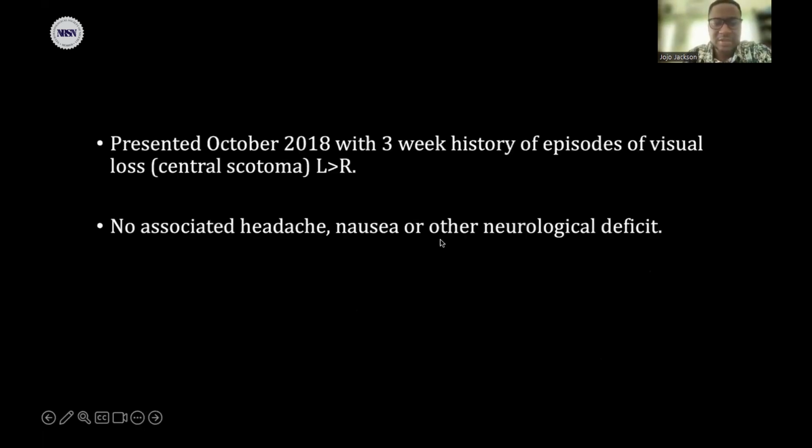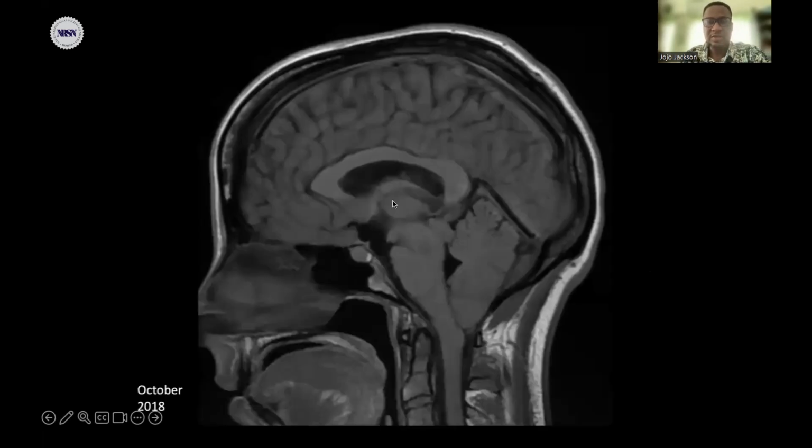The patient continued to have symptoms, and about a year and a half later, she presented with a 3 weeks history of visual loss, more on the left side than the right side. However, this time the headaches had subsided and she had no nausea or other neurological deficits.